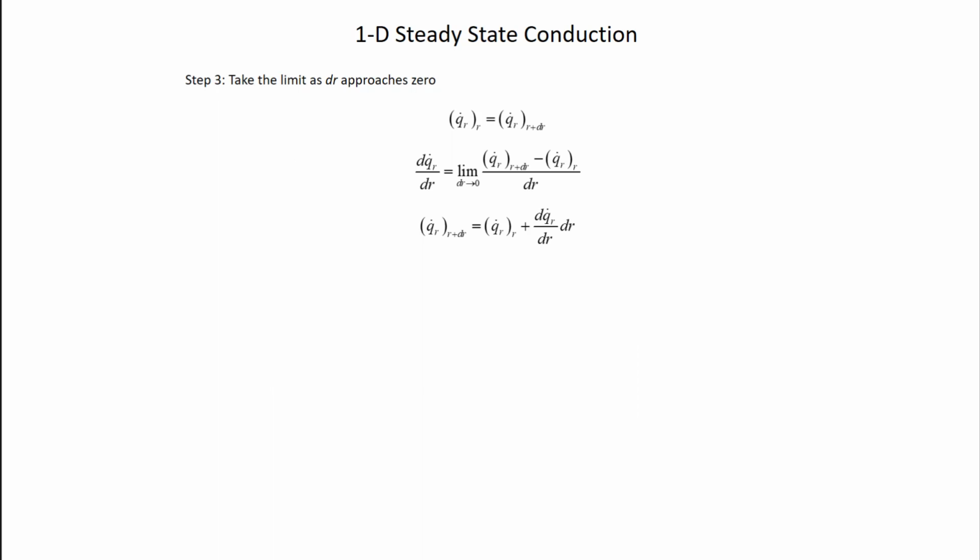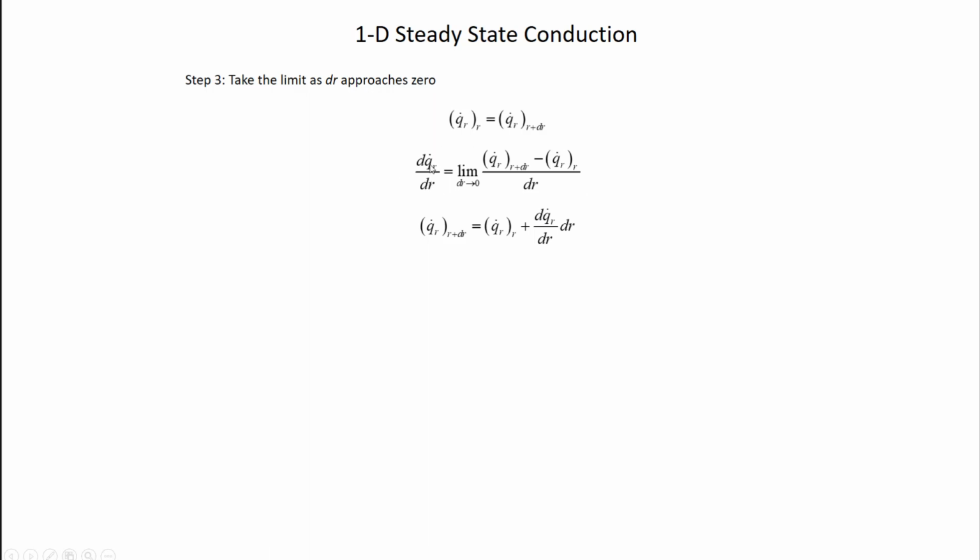The next thing you're going to do is take the limit as dr approaches 0, right? So you're now going to take the limit as you make that control volume differentially small. You turn it into a shell. Okay, so here's our equation, our energy balance up here. That hasn't changed, right? But what I'm going to do now is allow dr to approach 0. And so we have to, again, remember our calculus.